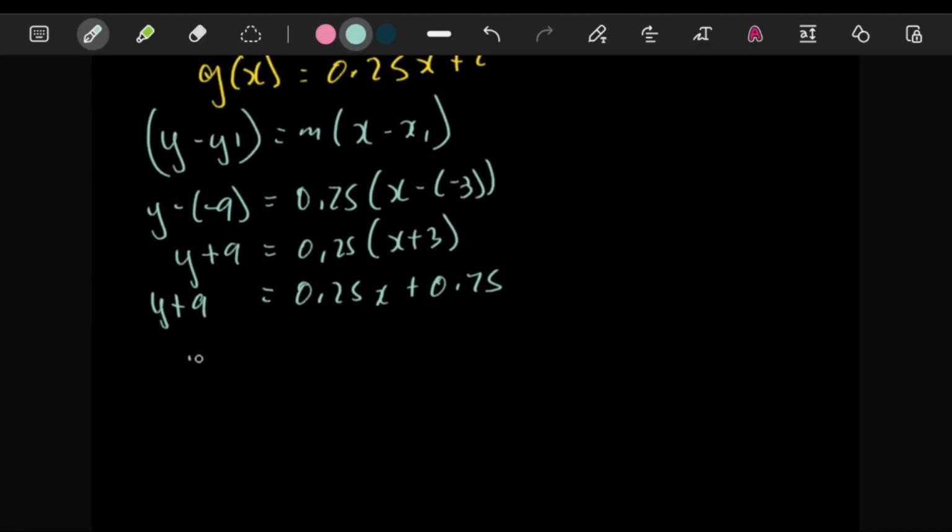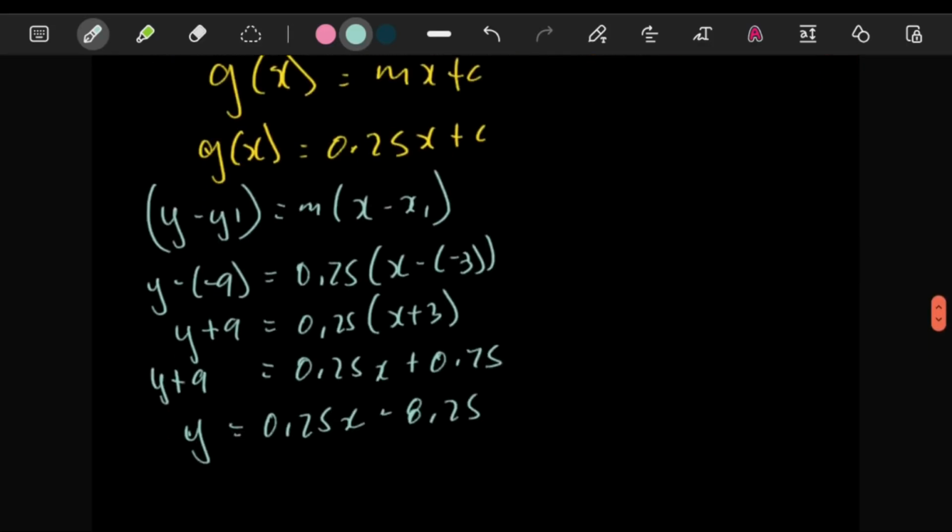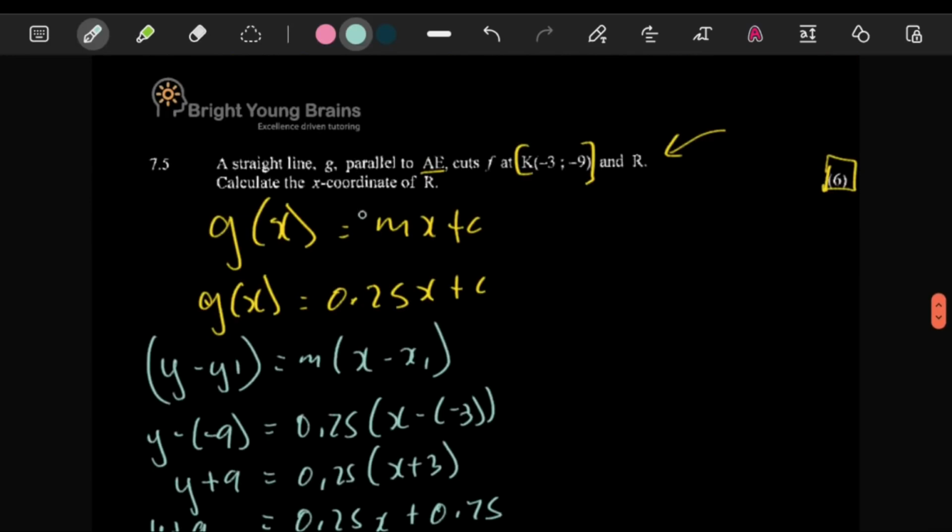Solving for y, y is equal to 0.25x plus 0.75 minus the 9, which gives negative 8.25. Okay, so this is the equation of G. Then they said it is parallel to AE and it cuts F at K and R.